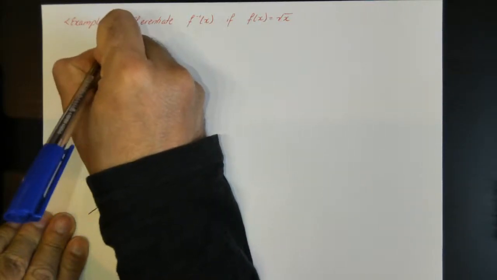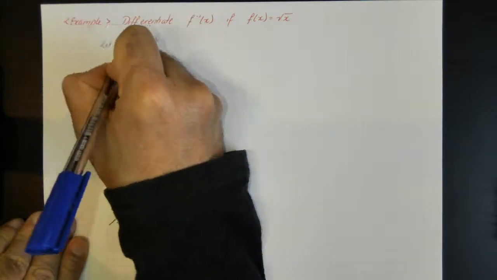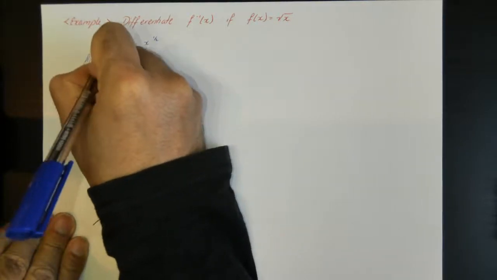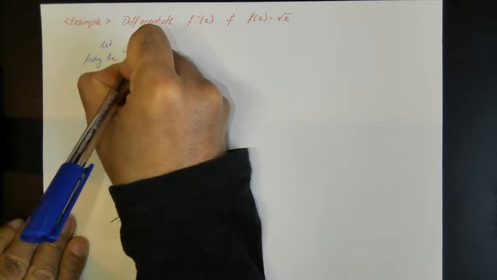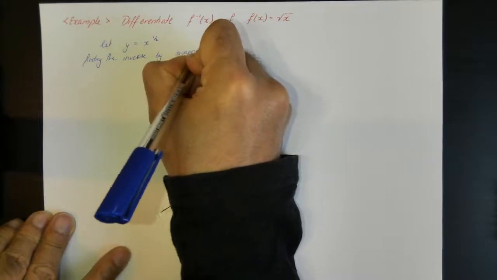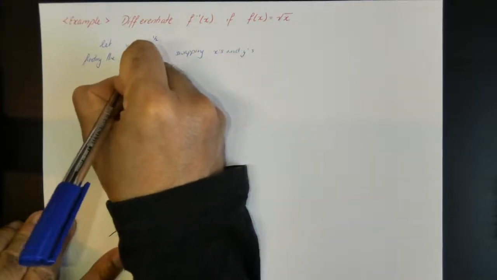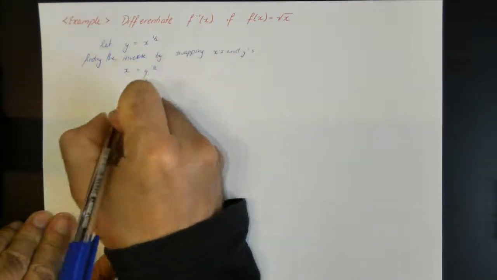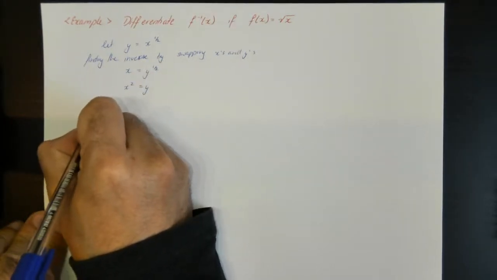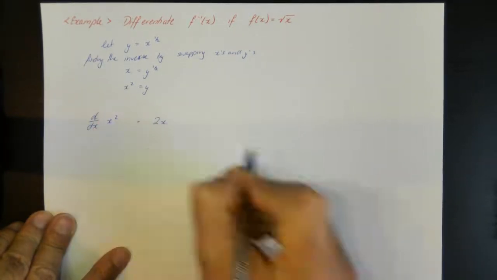So let y equals x to the power of half, swapping, so we get x squared equals y. So the derivative of x squared equals 2x.